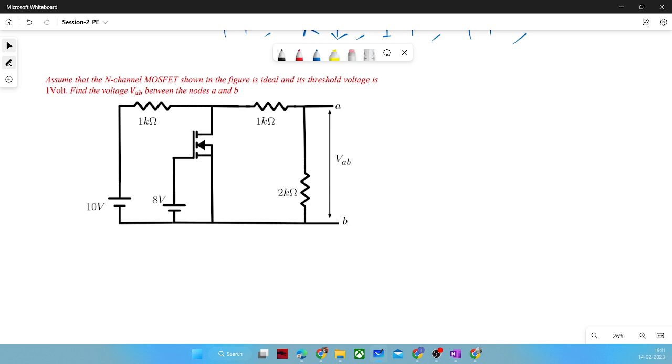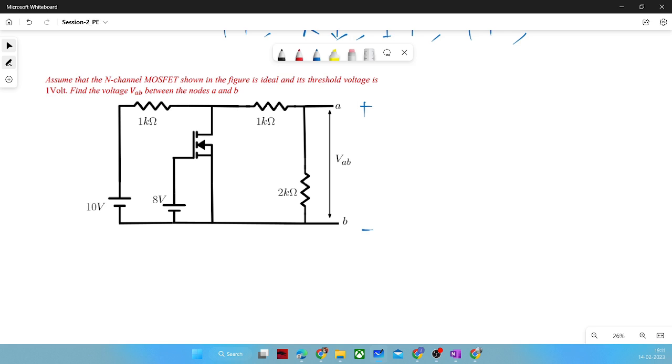We need to find the voltage between the A and B terminals. In this circuit one MOSFET is introduced, and we need to think about what effect the MOSFET will have.